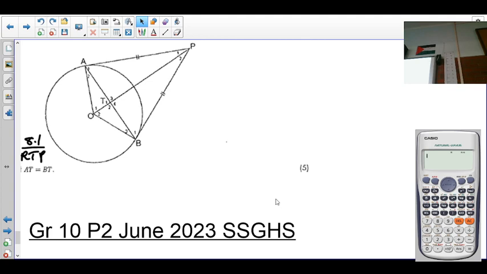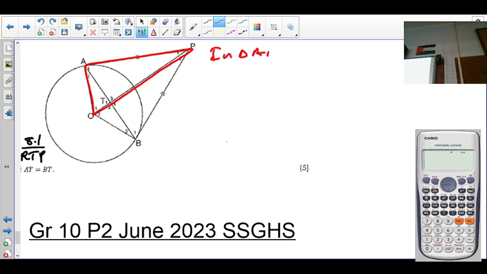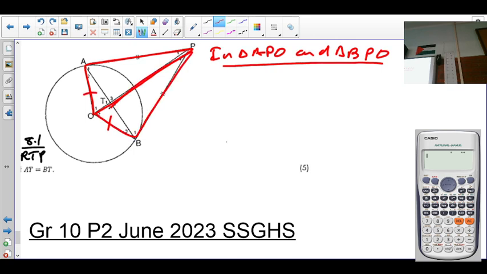But people, what I would have done was, I would have proved congruency here first. In triangle APO and triangle BPO. So it's going to be radii that is given equal and the common side.